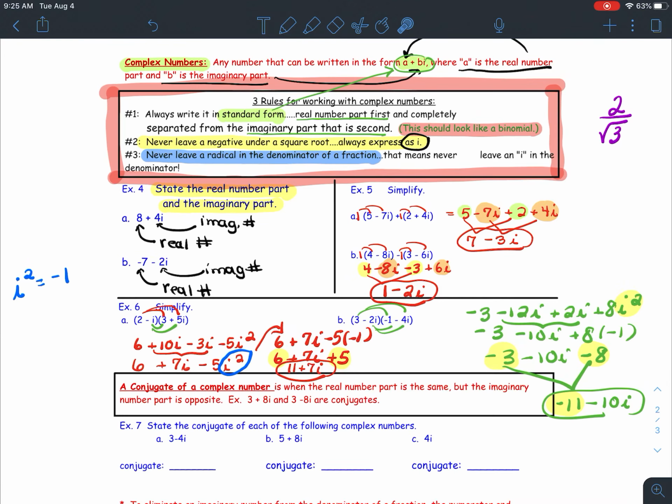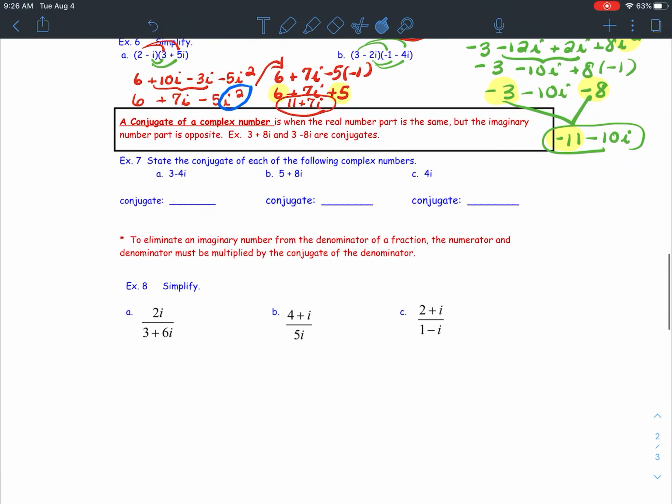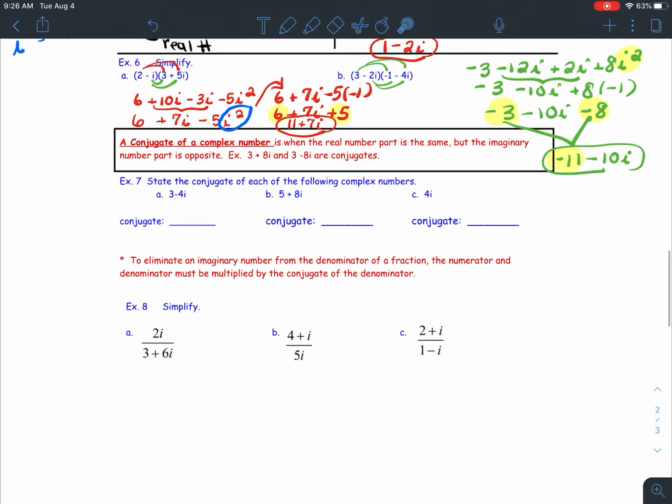Now if we're talking about complex numbers, that means we have i's. If we're not supposed to leave a radical in the bottom of a fraction, that means we should never leave an i in the denominator of a fraction, because if you recall, an i is representing the square root of a negative 1. And so if we're not to leave square roots in the denominator, then we should not have i's in the denominator of our fraction.